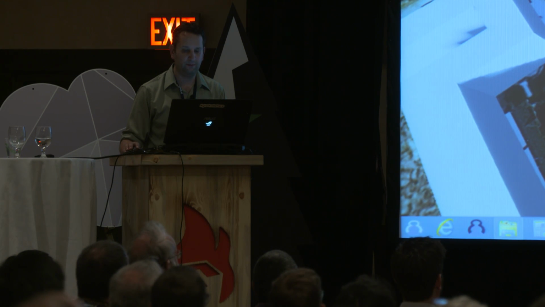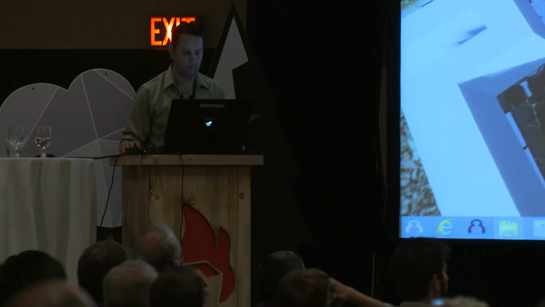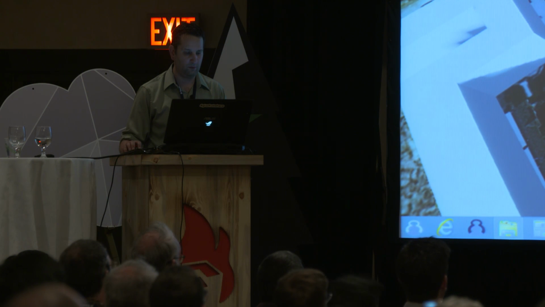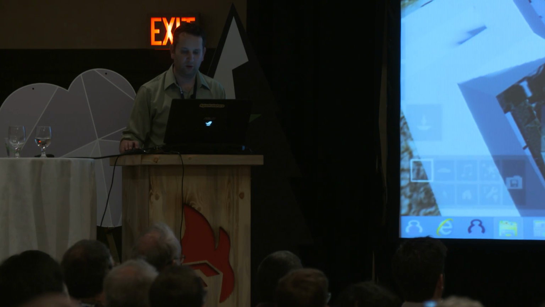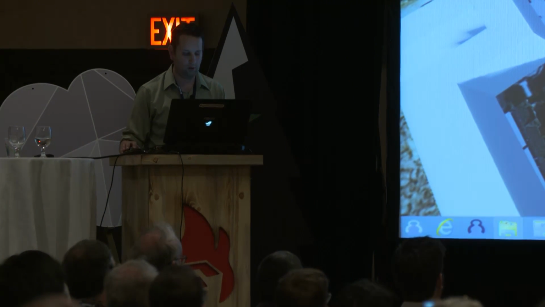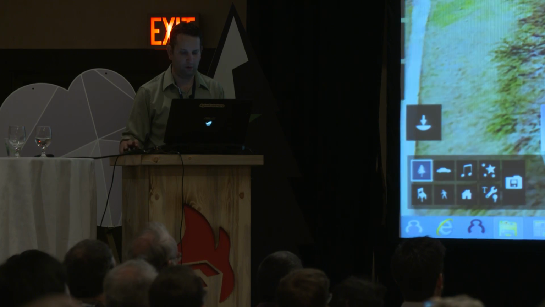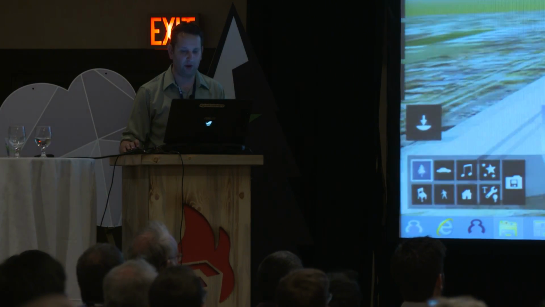Draw a line, go pick a tree. You can do combinations of trees, up to, I think, 20 different species in mass placement. So you can start going in there and quickly start placing them if you have to.